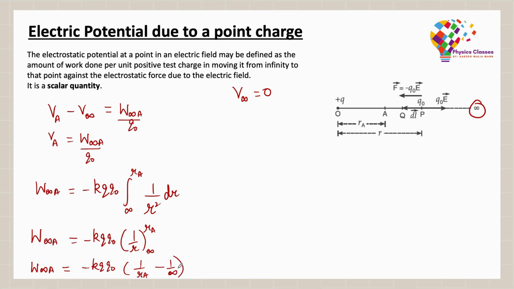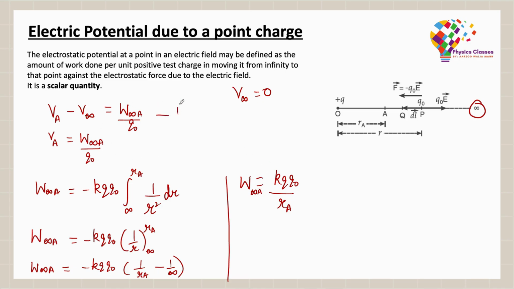Now we already know that 1 by infinity is going to be 0. So the work done simply comes out to be KQ naught Q by RA. This is the work done in taking the charge from infinity to a point A.